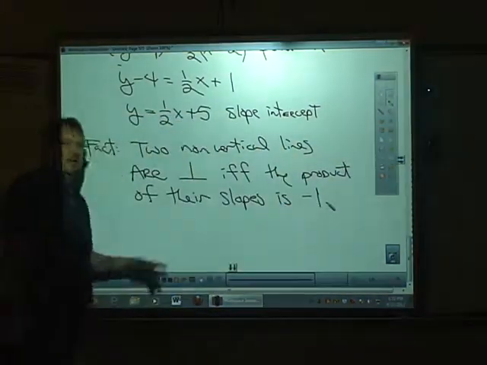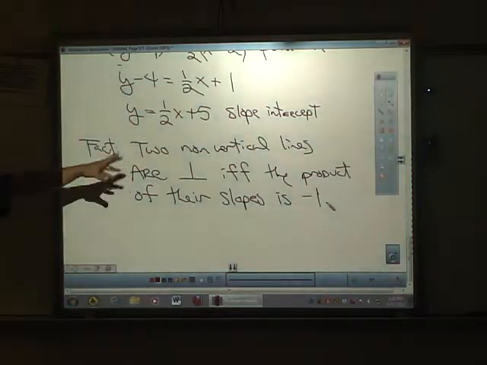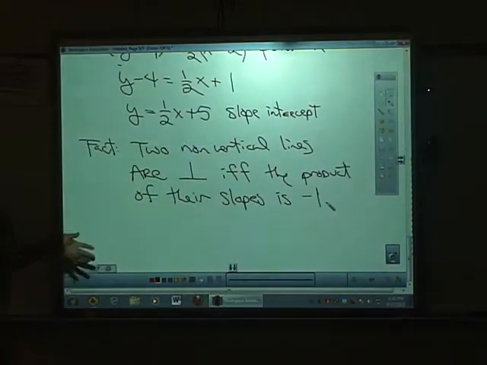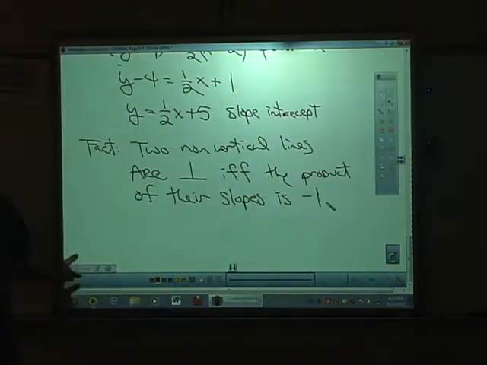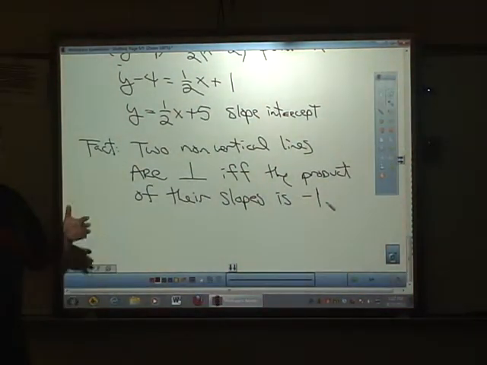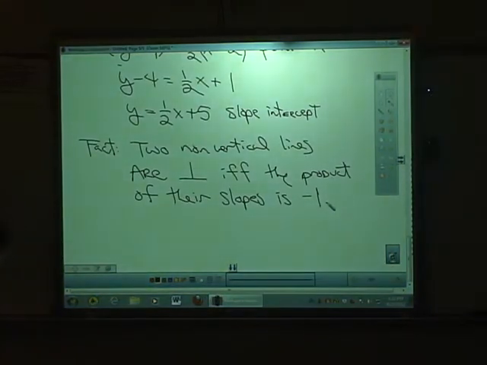What does product mean? Product means multiplication. So if you multiply the slopes, you get a -1, the lines are perpendicular. Once again, multiply the slopes, if you get -1, the lines are going to be perpendicular.